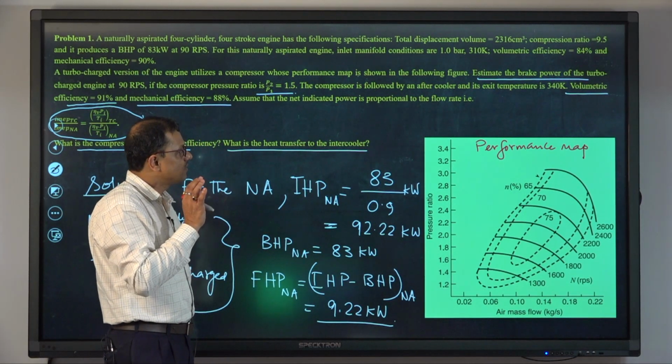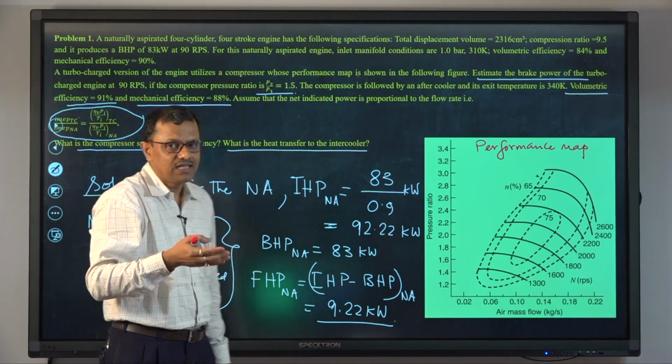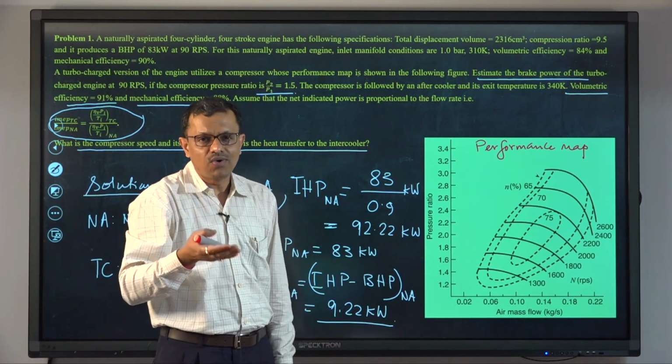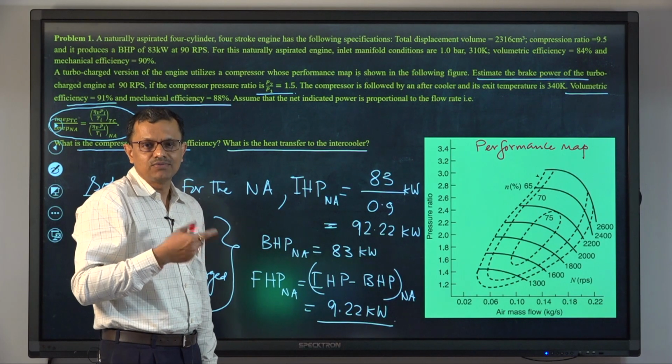Though there is an aftercooler, we can understand the compressor pressure ratio is 1.5. Certainly, if the ambient pressure is 1 bar, then our pressure at the exit of the compressor will be 1.5 bar, and that is the manifold condition for the turbocharged engine.